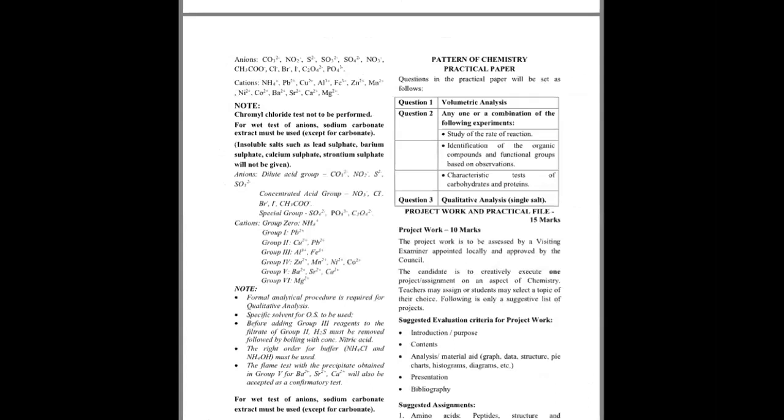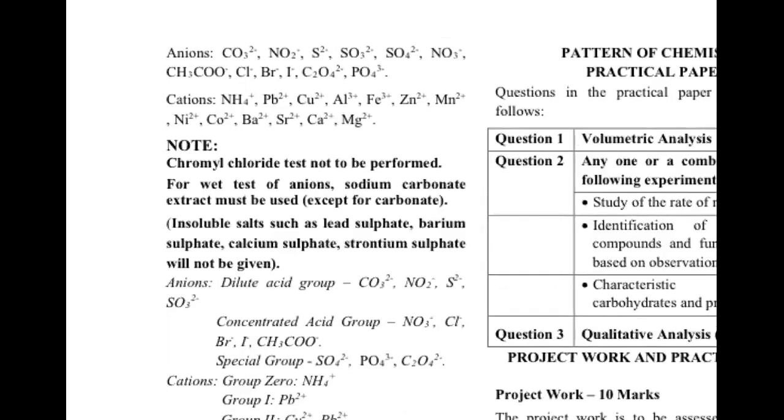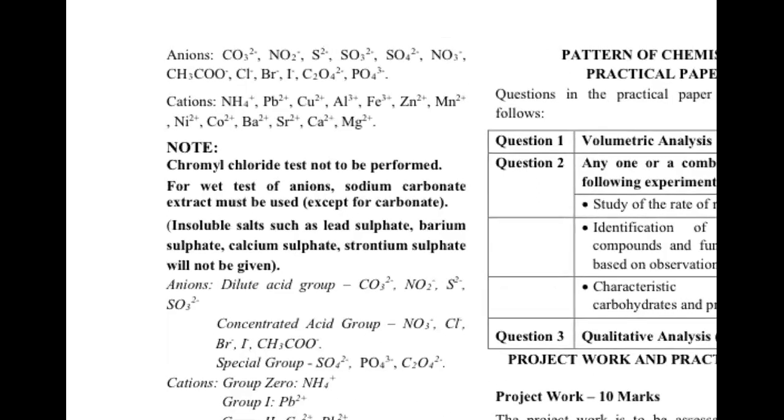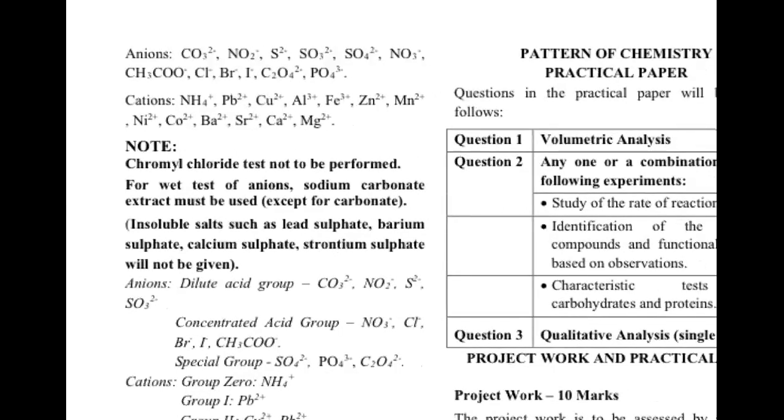For the wet test of anions, sodium carbonate crystals are taken and heated in a beaker in a given ratio. Sodium carbonate extract must be prepared except for the carbonate, and the filtrate obtained is used for the anion analysis.